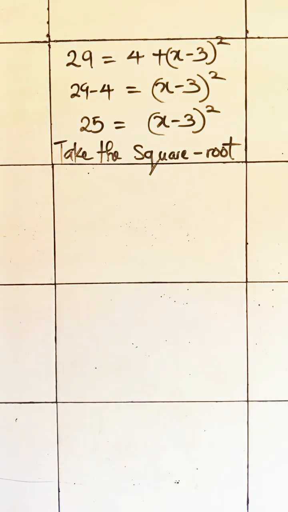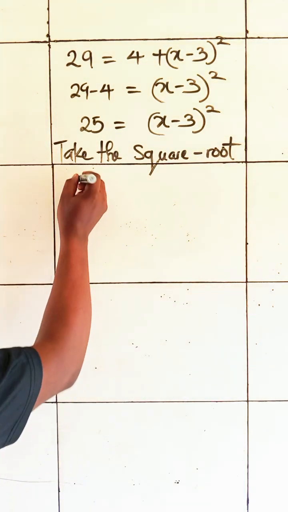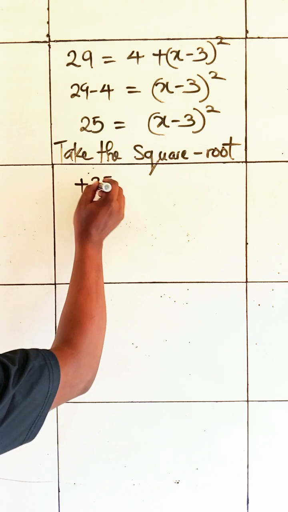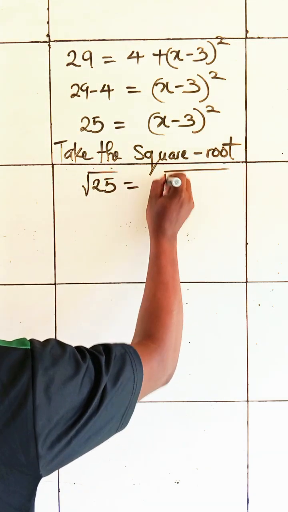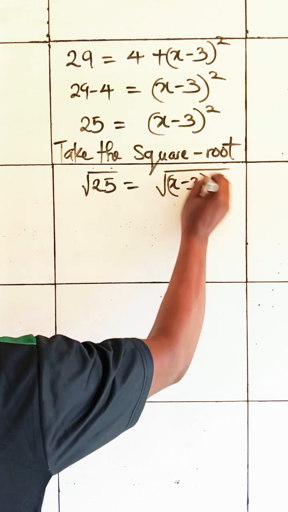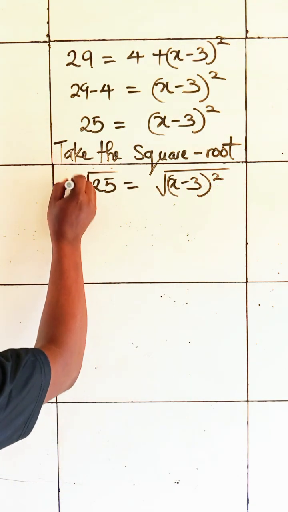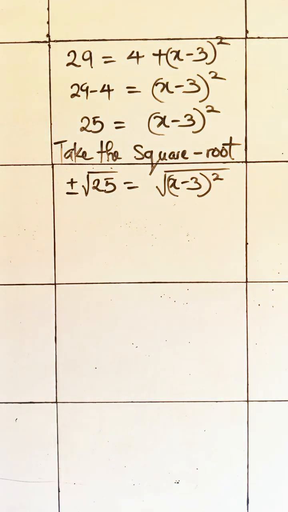So if you take the square root of both sides, I'm going to write plus or minus. The square root of 25 equals the square root of x minus 3 all squared. But I'm going to add plus or minus here. Why? Because a negative is allowed in a Cartesian plane. In a Cartesian plane, we have the negative side of x and also the negative side of y.